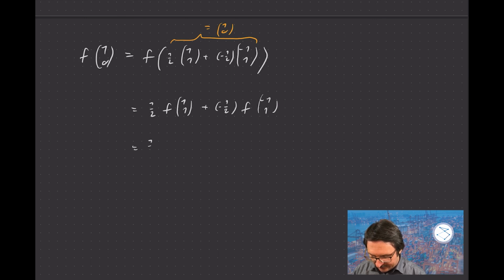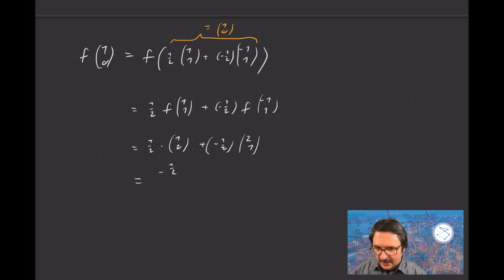We know f of (1, 1) is (1, 2), and f of (-1, 1) is (2, 1). So together with the coefficients, we get the vector (-1/2, 1/2). This is the image of (1, 0).